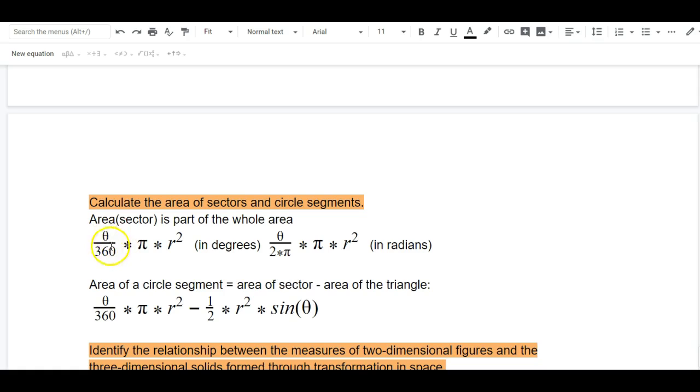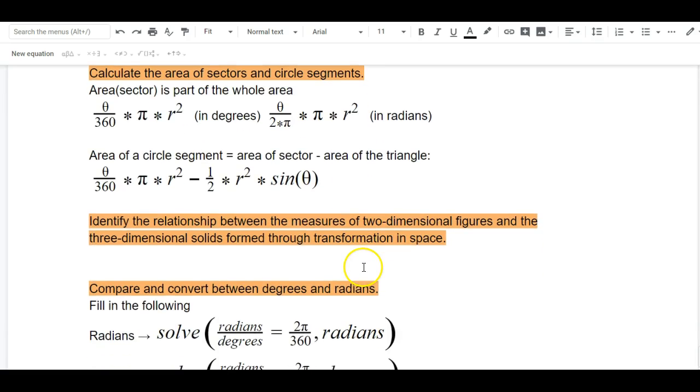That's the ratio, or the fraction, that represents the part. Of, we use times, and then the whole area is pi r squared. You'd use this for degrees, and if you're using radians, you're going to do the number of radians over 2 pi, because 2 pi radians is a full circle, times pi r squared. Those formulas we've covered well.